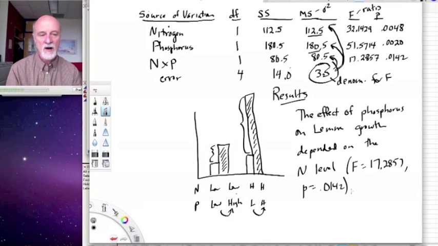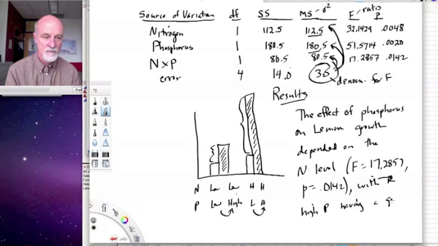We would then go on to say, in addition, or to clarify, that with high phosphorus, let's make it clear, high phosphorus having a greater effect at high nitrogen than at low nitrogen.